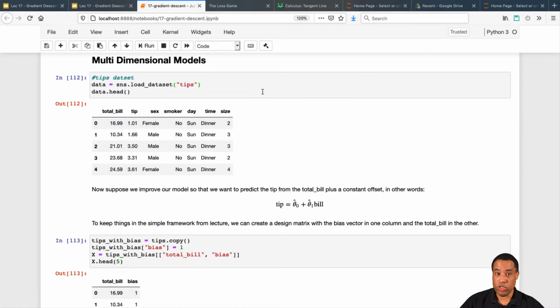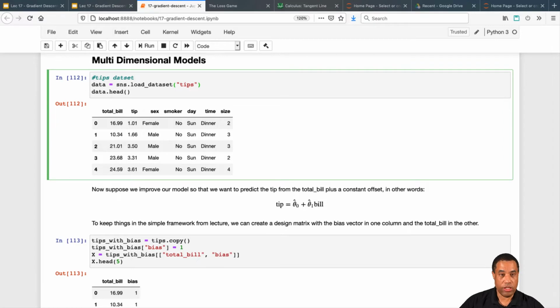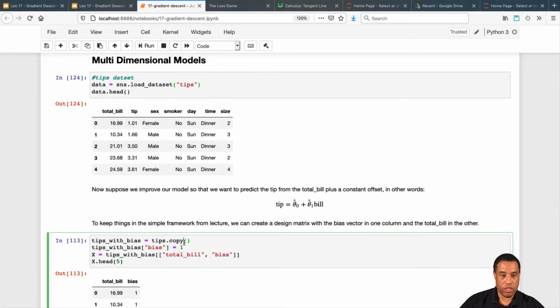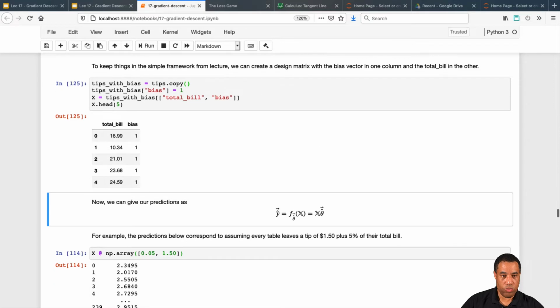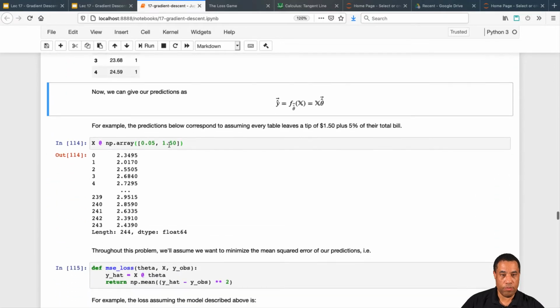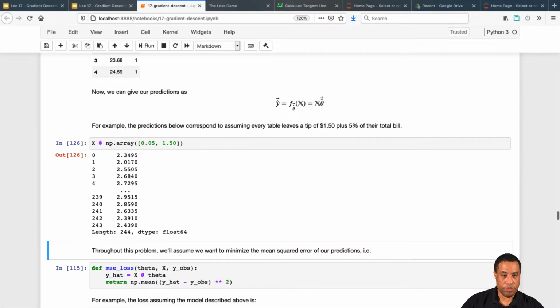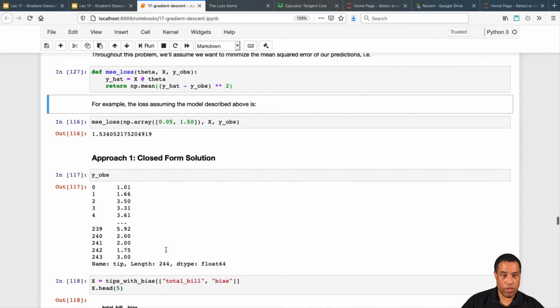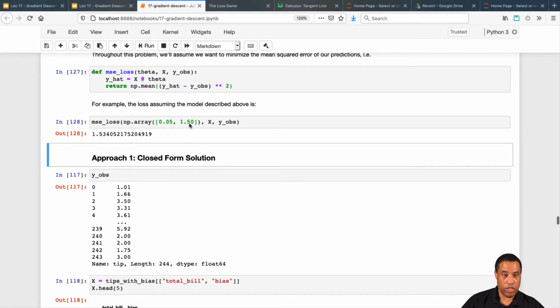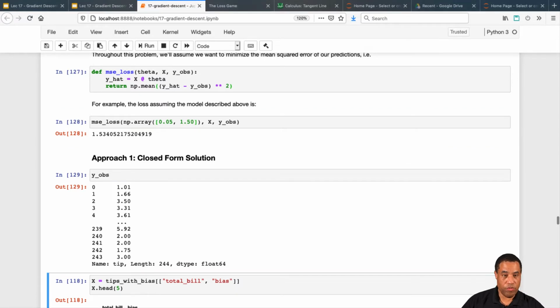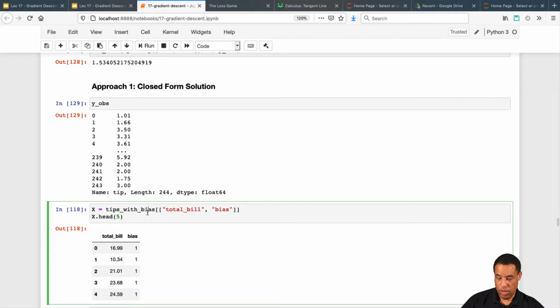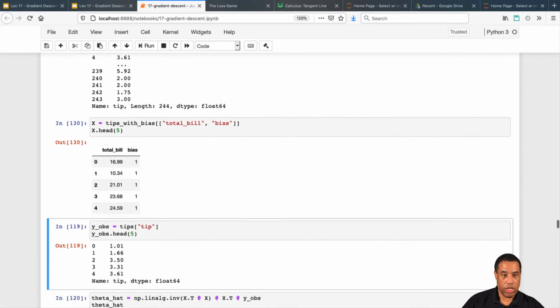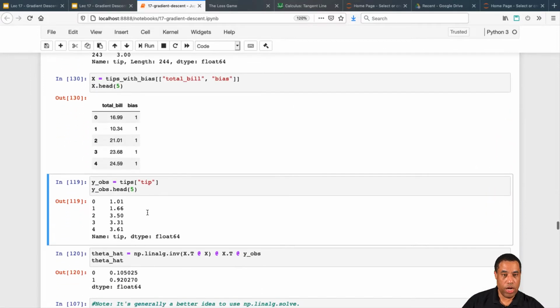Okay, so here in the multidimensional model section, we load in our tips data set, and we'll just go through all of this. You can see total bill and bias. Okay, so we have our observations, we have our tips and total bill with bias, we have our tips.